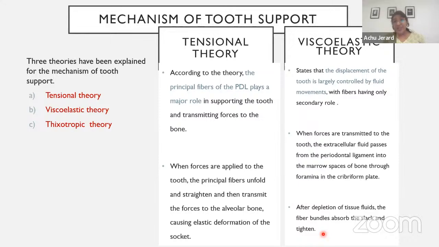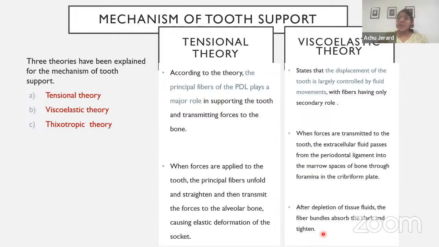When there was an excess load, these PDL fibers stretch and become tense, which causes an elastic deformation of the alveolar bone on the other side. Once the stress is taken away, the bone, being elastic, comes back to the original position. That was what we believed in the tensional theory.